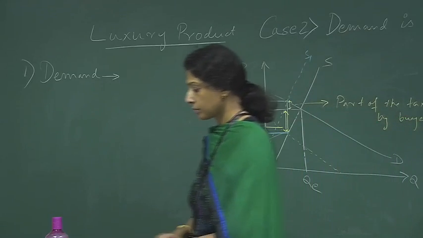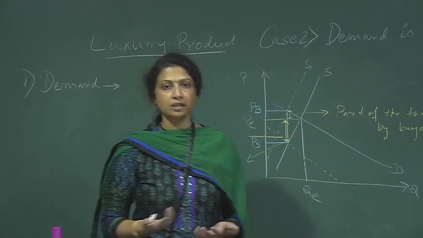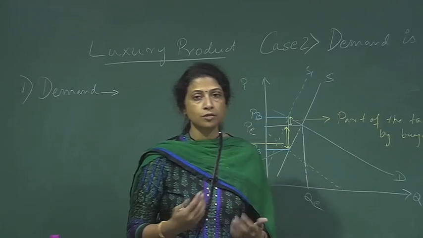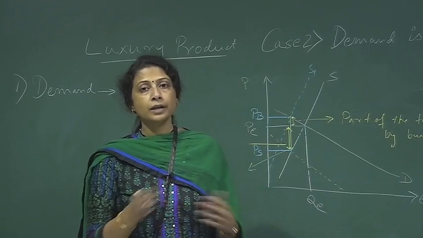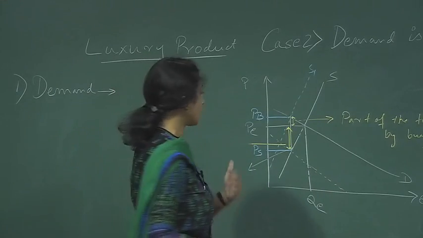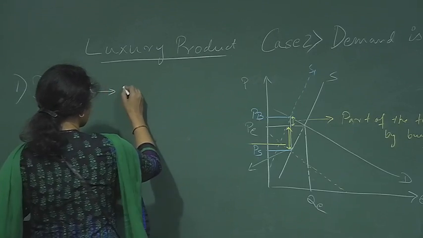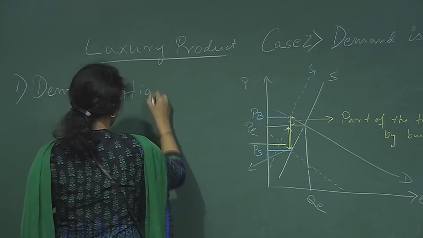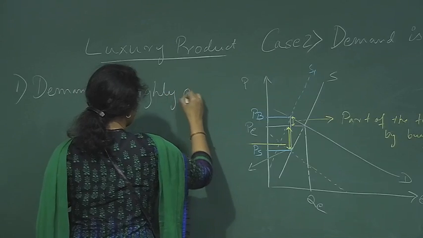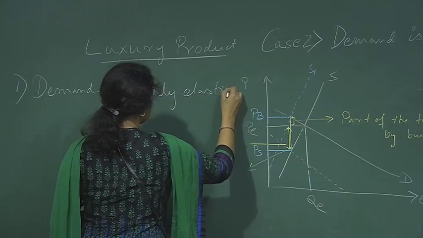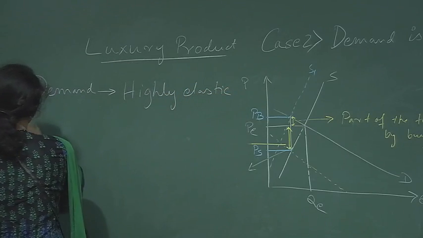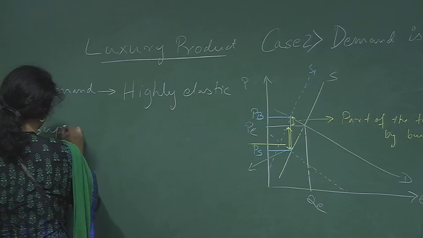It's not that people really need to consume it immediately, even if the price has gone up. So people can move to other substitutes, and so basically demand is highly elastic. What about supply?